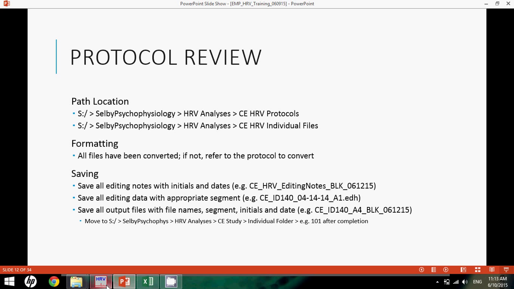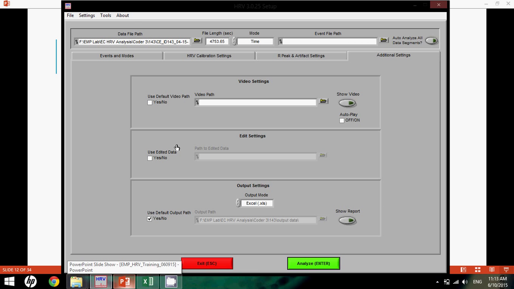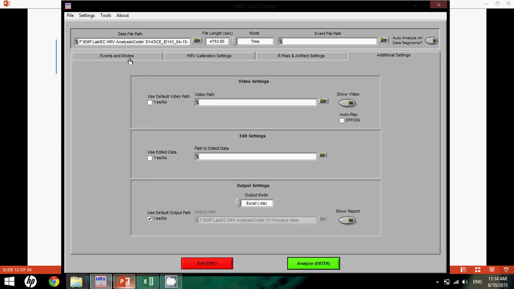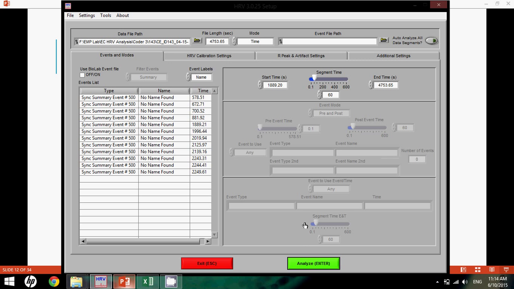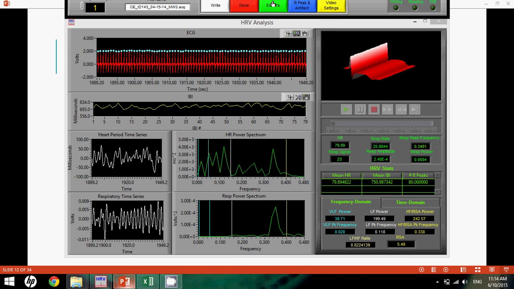When you're saving your editing files, and I know we're not familiar with the program yet, you can access your editing files within Mindware by clicking here. You see that I don't have any editing files yet. However, one thing that is important is that when you go in, you'll need to save any kind of editing that's made.